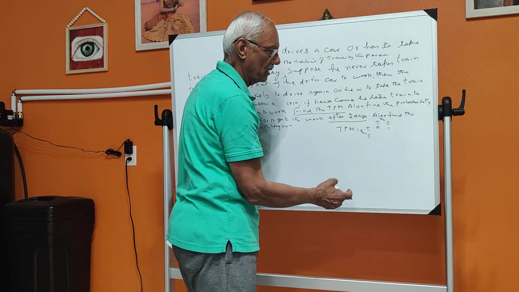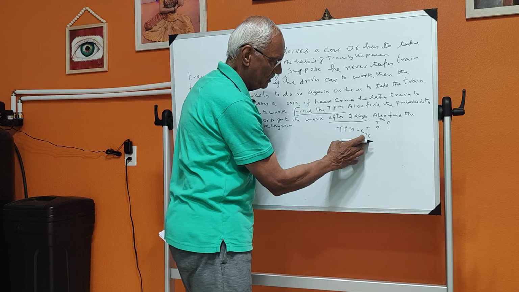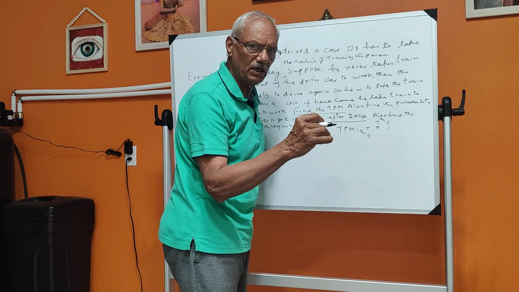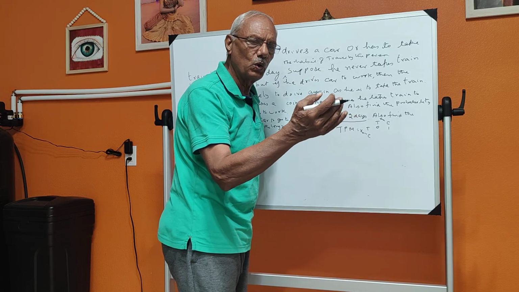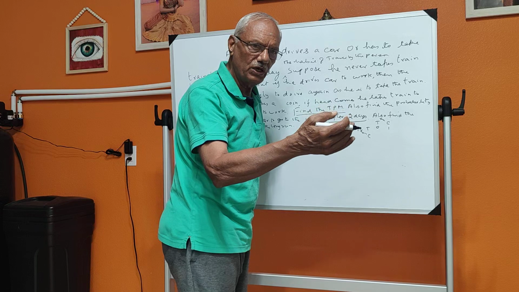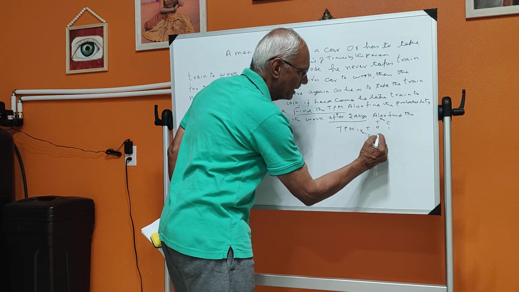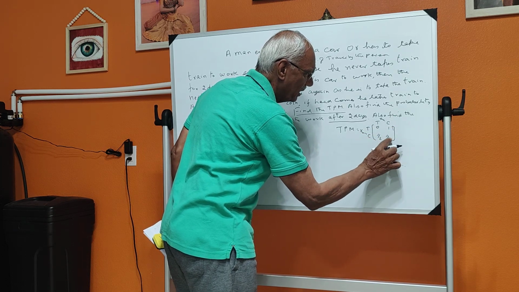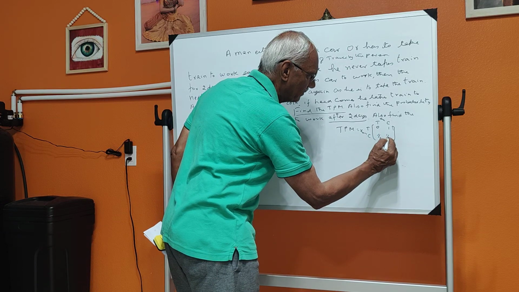Whereas if he goes by car on a particular day, then the next day he may take either train or car with equal probability, that means half and half. This is the simple transition probability matrix that we have.